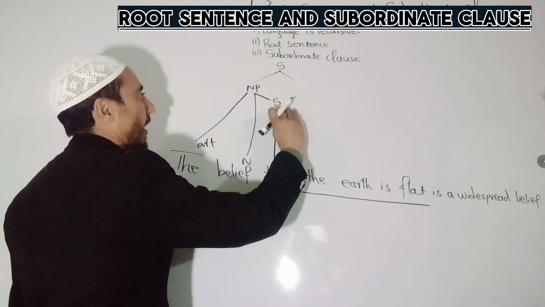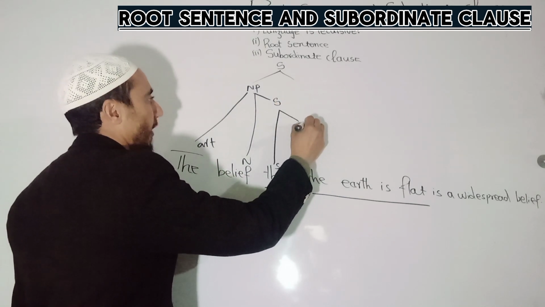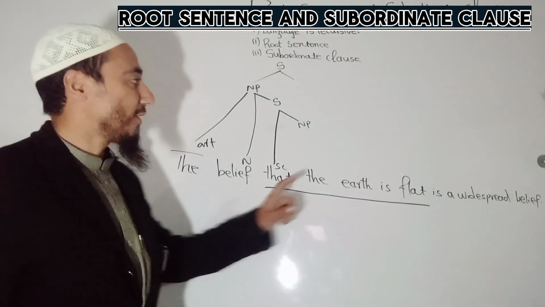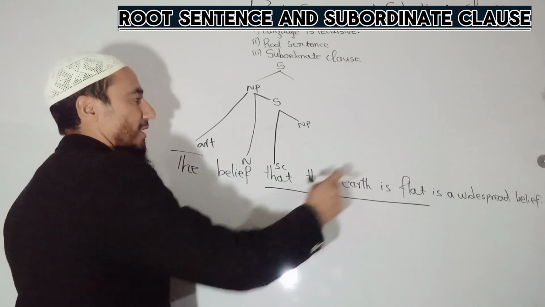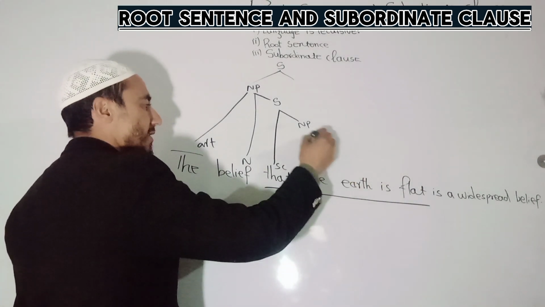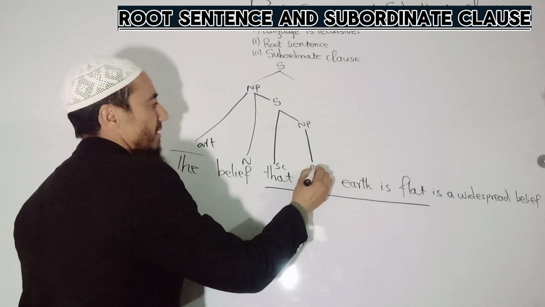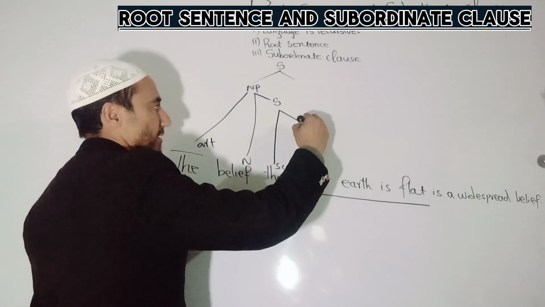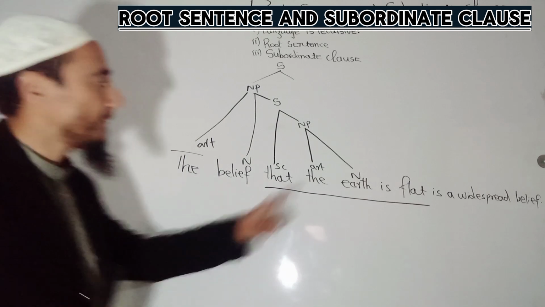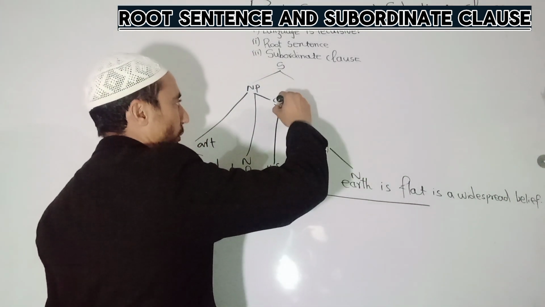And then I'm taking another string for it: we have NP, "the earth." In NP we have an article and also a noun. "Is flat." After NP, we are taking VP.